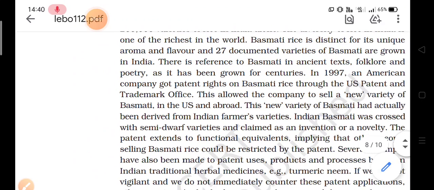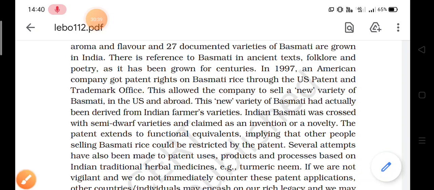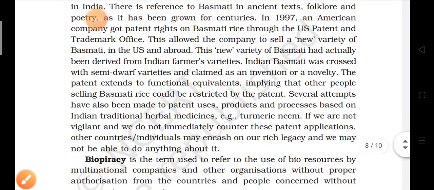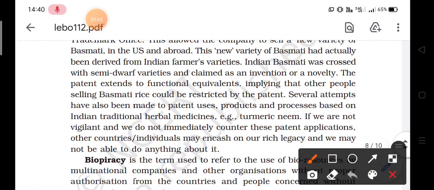In actual, this basmati is the derivative or the product of India. The label or trademark of that company was granted by the government. And how was this made? Indian basmati was crossed with dwarf varieties, semi dwarf varieties, and then they said that we have invented a new crop.